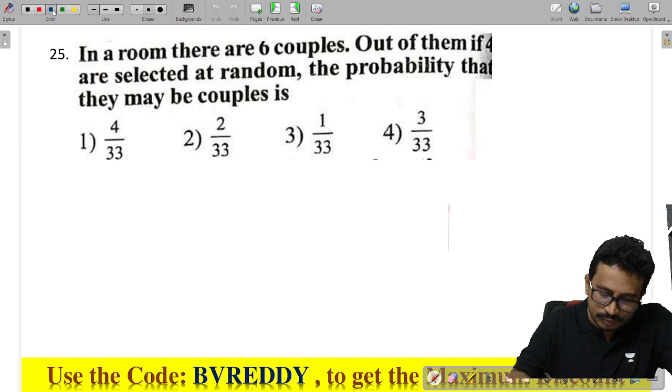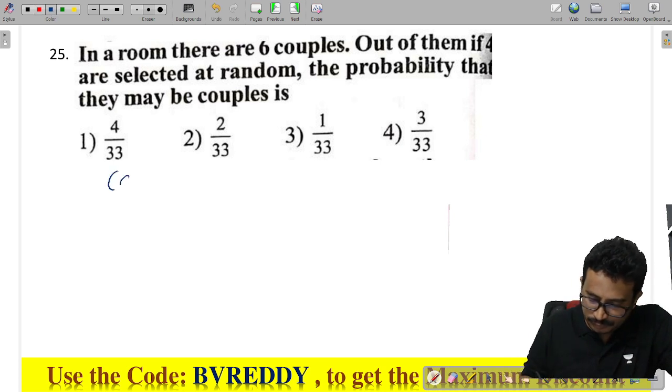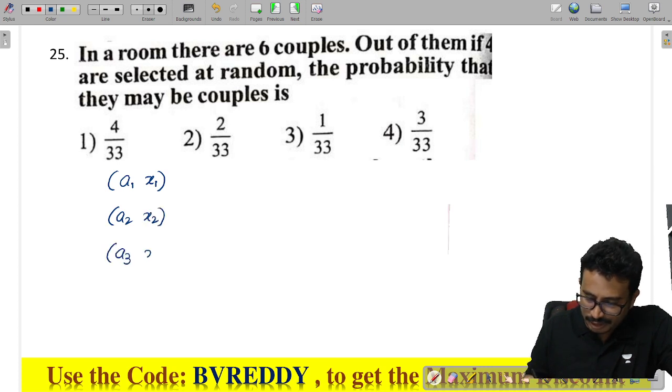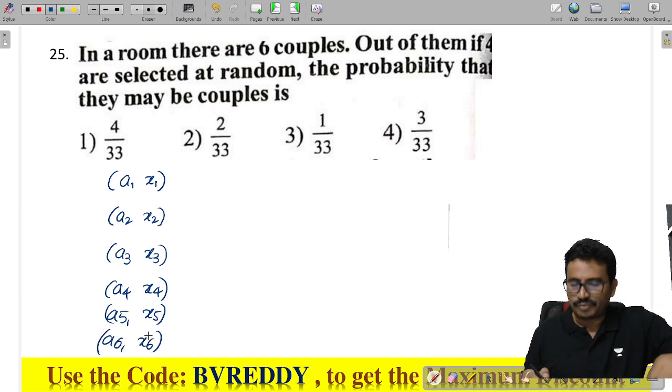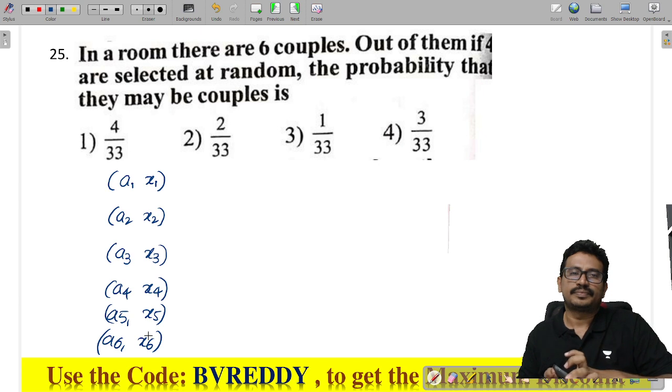Means we have A1 comma X1, A2 comma X2, they are couples. A3 comma X3, A4 comma X4, A5 comma X5, A6 comma X6. Totally we have 6 couples.